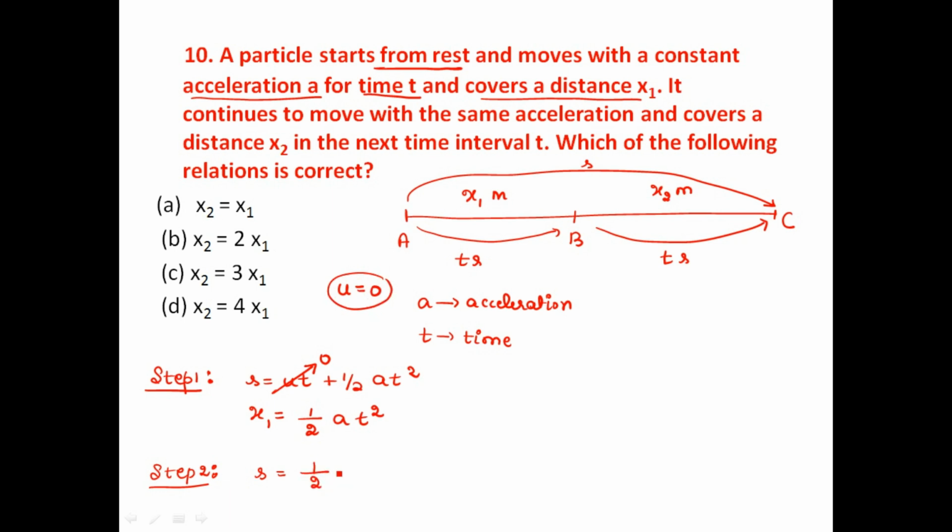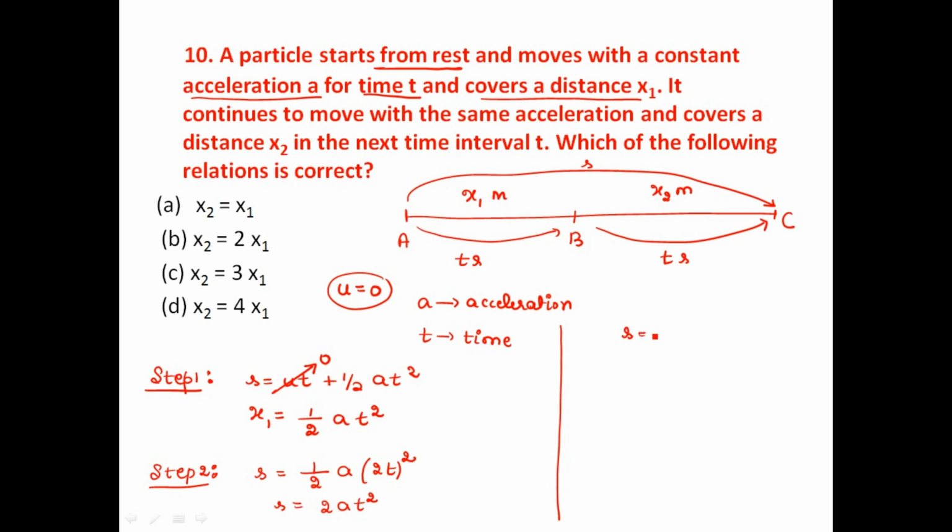That is why it is half a times the time taken. What will be the total time to move from A to C now? It is t plus t, which is 2t. Hence, the expression for distance traveled here will be 2at square.